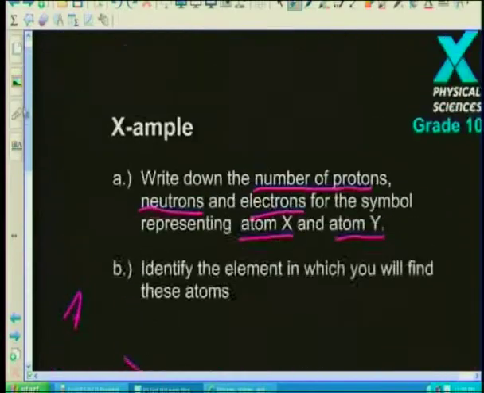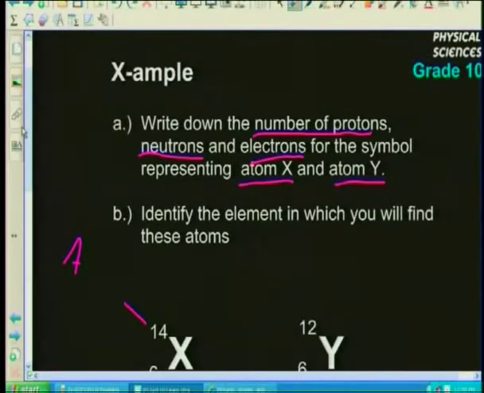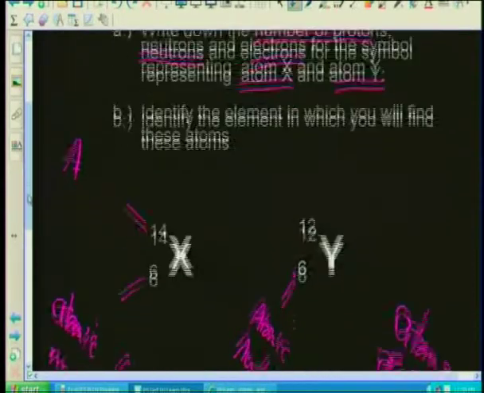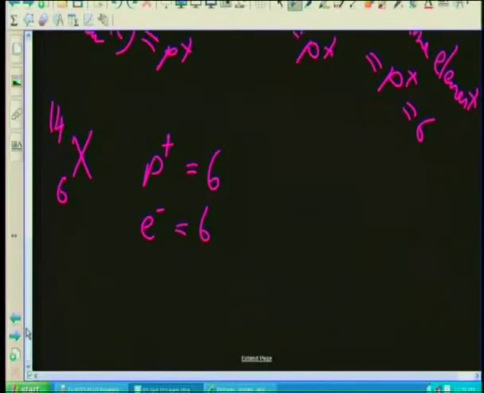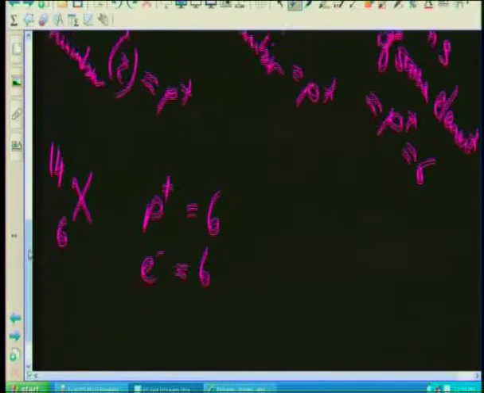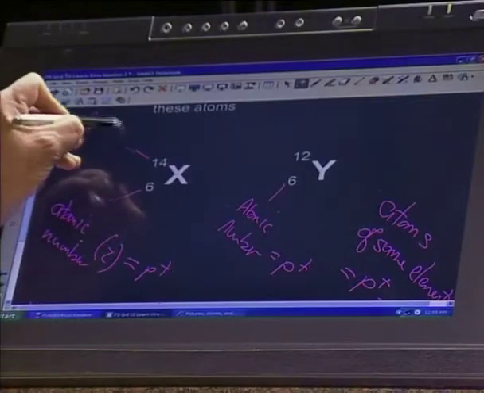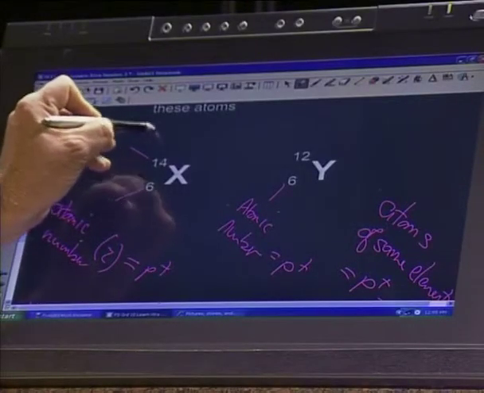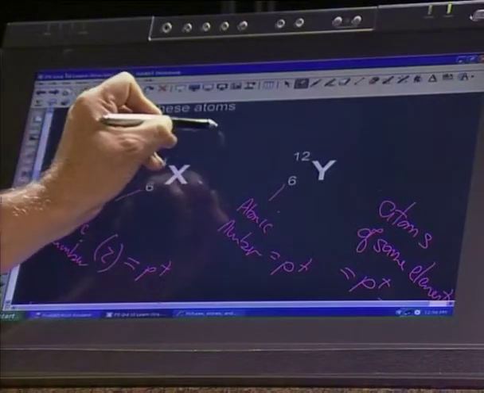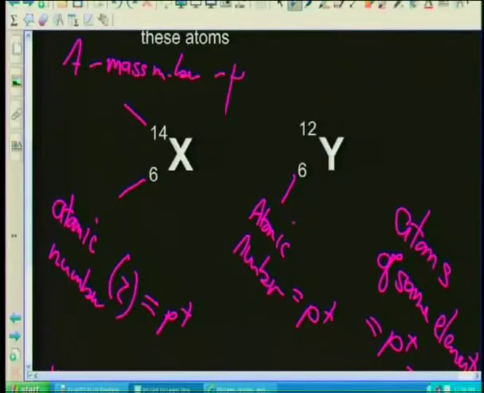The question then asked us to find the number of neutrons. How are we going to find the number of neutrons? Well, here's the trick. We know that A, this value here, is the mass number, and the mass number is equal to the number of protons plus the number of neutrons. So can you see how to do it?